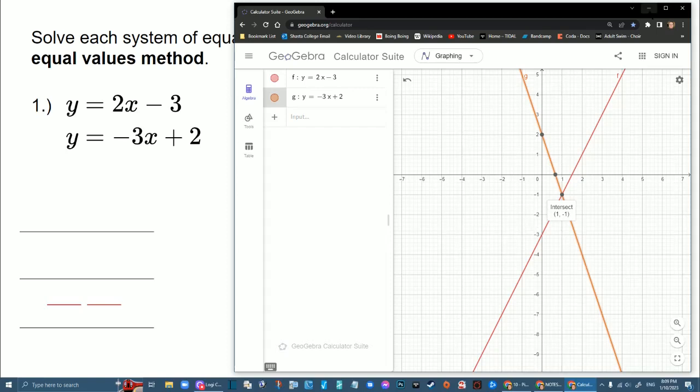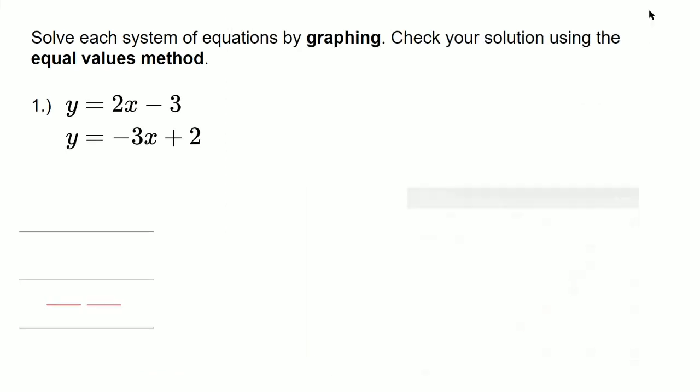And we're going to really quick go through this process of equal values to solve for x and y. So step 1, we're going to set the right-hand side of those equations equal to each other. 2x minus 3 is equal to negative 3x plus 2.